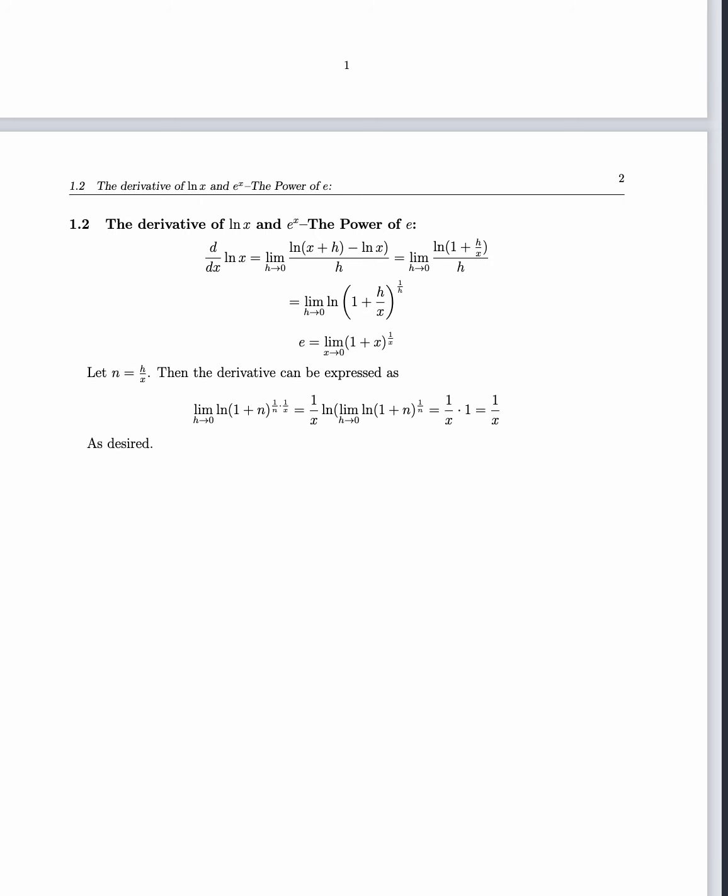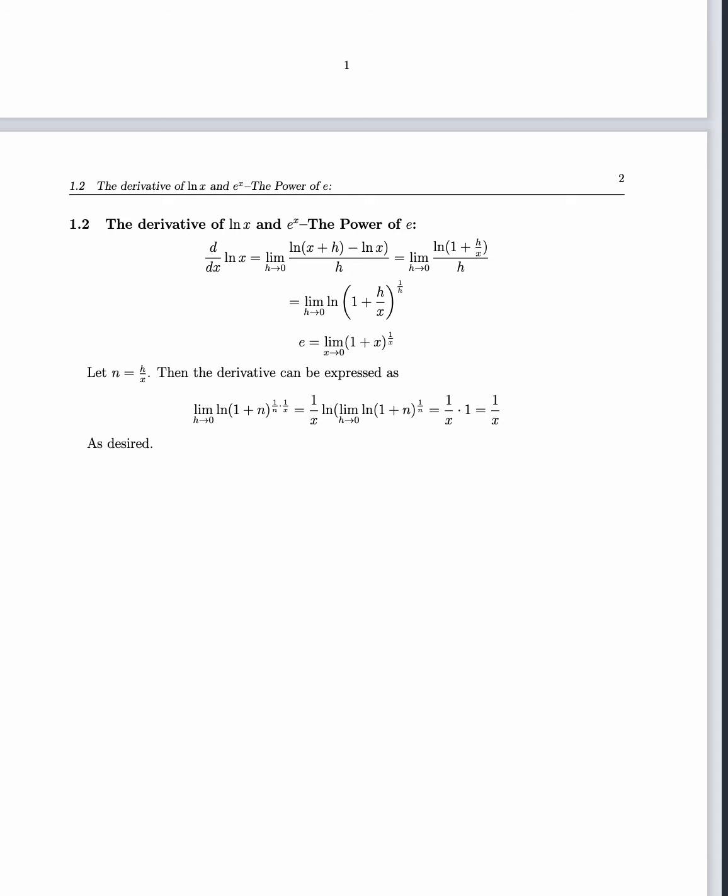You can see that d over dx of ln of y is equal to 1 over f of x times f prime of x.